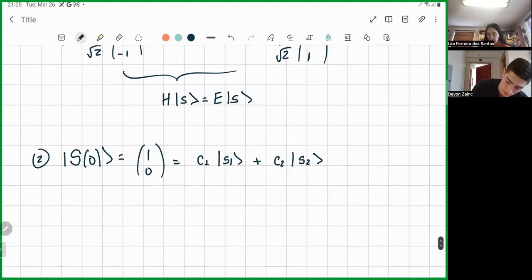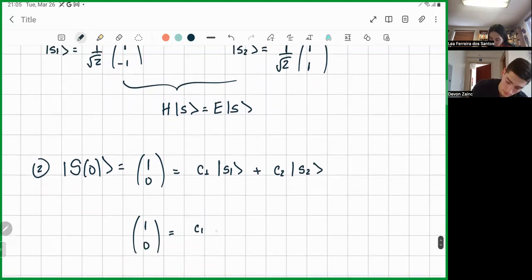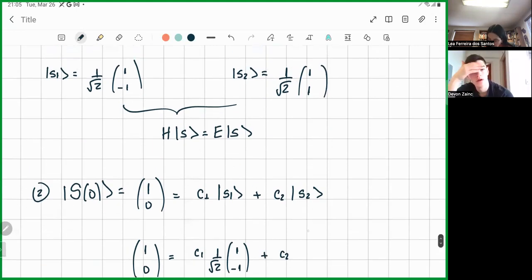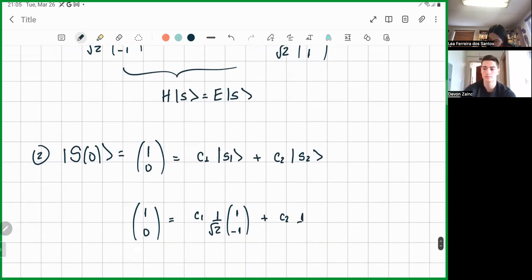Because it's just a vector with 2 components. You could go straight for this equation. C1, what is the vector S1 is here. And the vector S2 is here. So this is what you would have to solve.